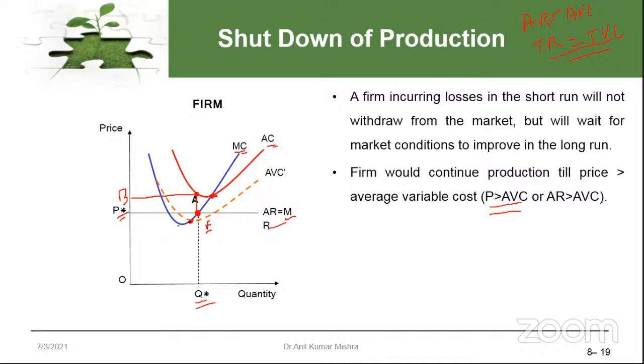Then if the loss occurs, up to what extent does it continue? From this particular figure, from the average variable cost, whether to continue or not? Yes, obviously it continues its business. Why? Because the average revenue, that is the price, is here, but vertically below it the average variable cost is here. So price is more than the variable cost, continue the business.